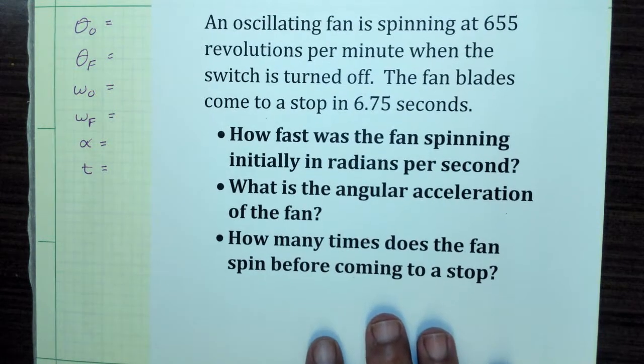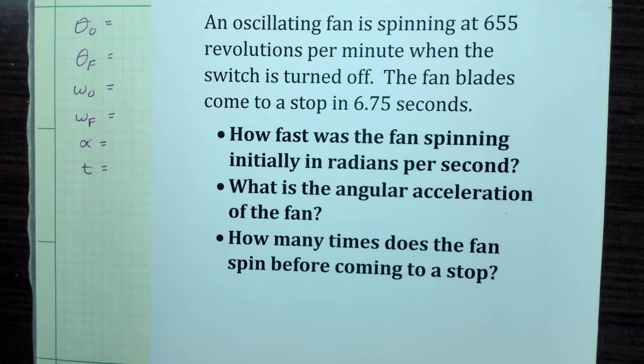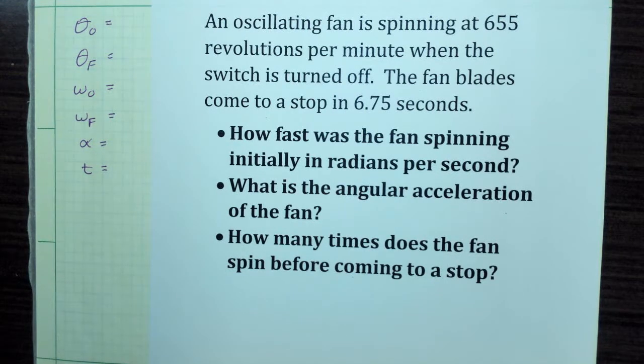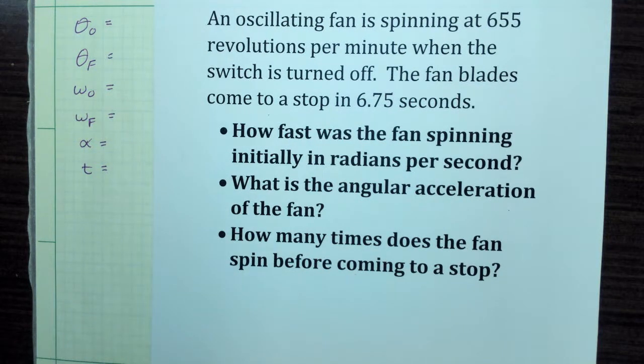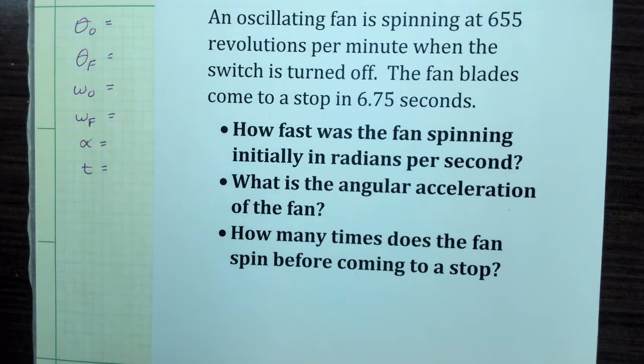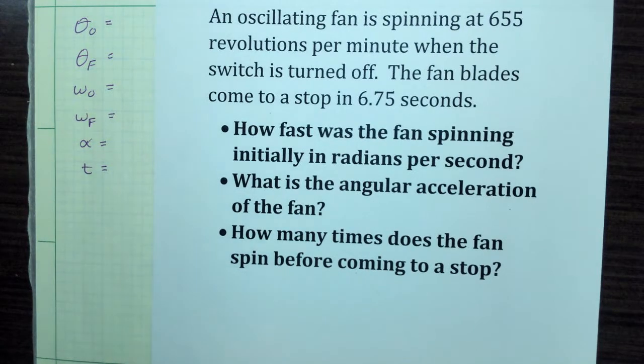Instead of linear position, x naught and x final, we have angular position, theta naught and theta final. Instead of linear velocity, v naught and v final, we have angular velocity, omega naught and omega final. Instead of linear acceleration a, we have angular acceleration alpha. T is the same whether we're talking about rotational or translational motion.